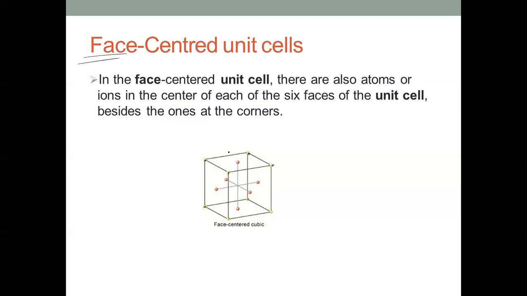If you look at this cube, there are 6 faces: 1, 2, 3, 4, the front side one and the back side one. At the centers of these 6 faces, we have 6 atoms. So 8 constituent particles at the corners and 6 at the centers of the faces. So it is called a face centered unit cell.